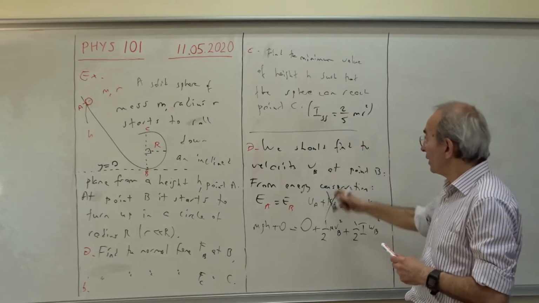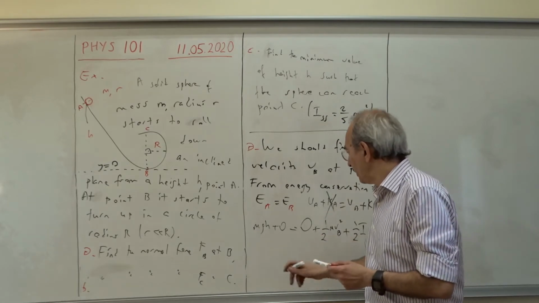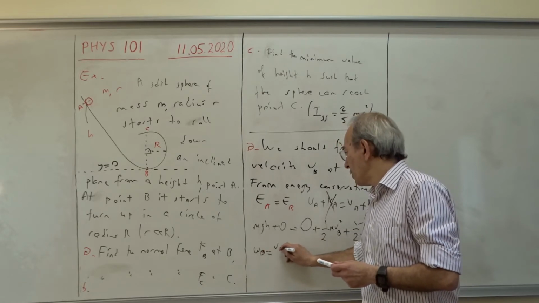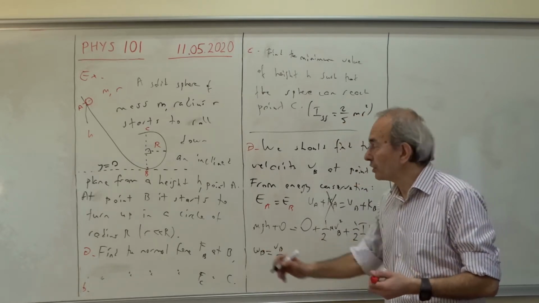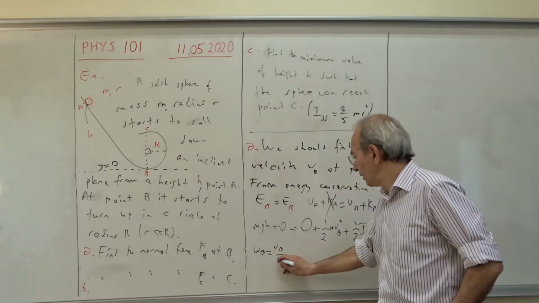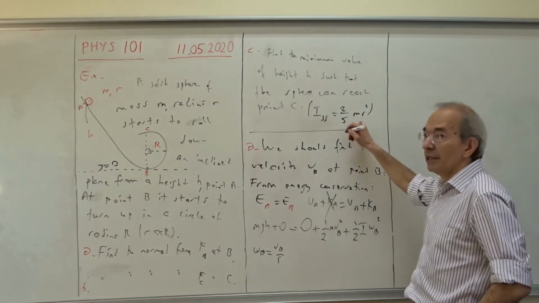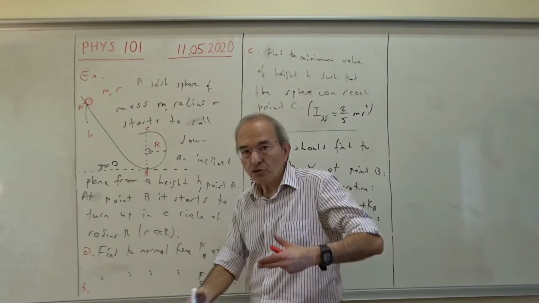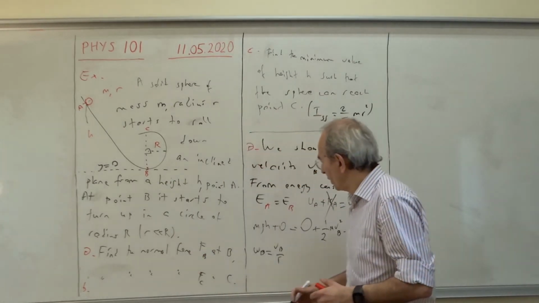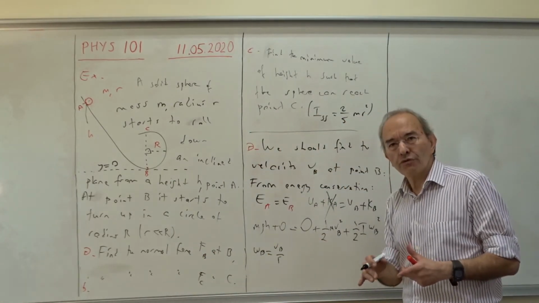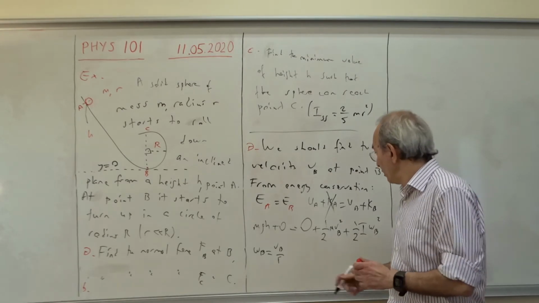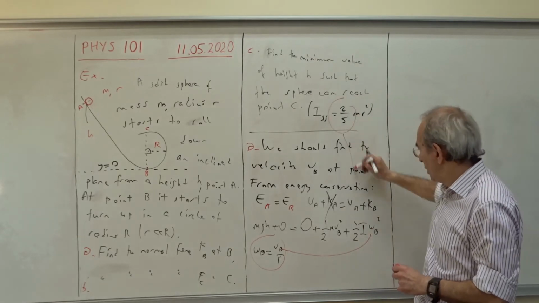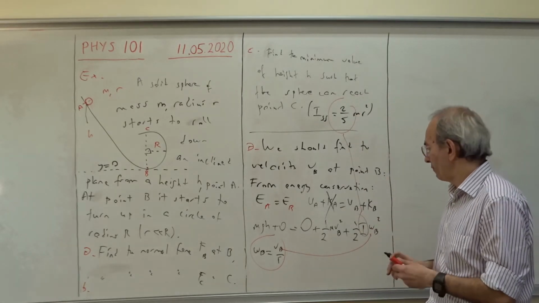I is given, and omega b is just Vb over r, where r, of course, is the radius of the rotating object, little r. Please don't confuse it with capital R. Capital R is just the radius of the road, which has nothing to do with the relationship between the velocities of the ball. So we substitute omega b here, and I is also substituted from above.